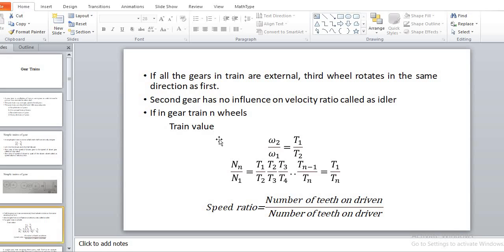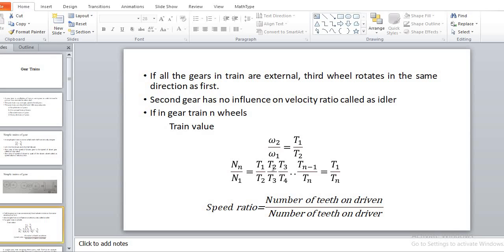So the nth gear is the last gear, the driven wheel, and the ratio is its speed divided by the speed of the driver gear, the first gear. N by N1, so these are equal to this, like this.